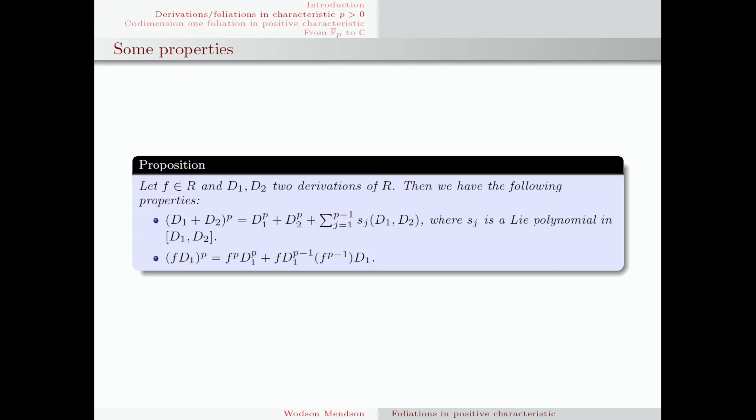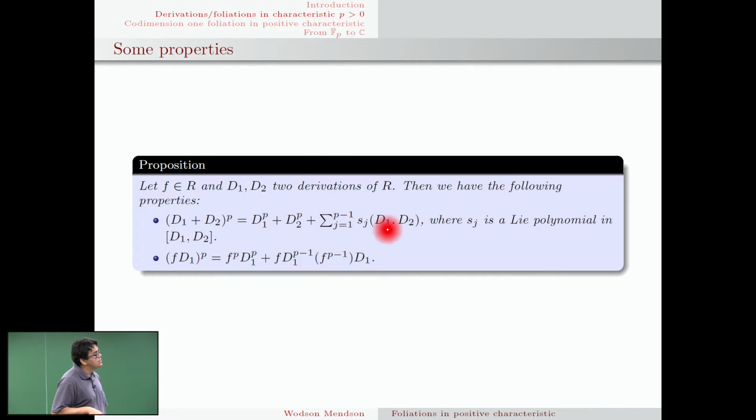So some properties here: if you take D1, D2, two derivations of this ring, then we have these formulas here. The p-th power of the sum can be written as the sum of the p-th powers plus something here, where this thing here is only a polynomial in D1, D2, and we have this other formula here.